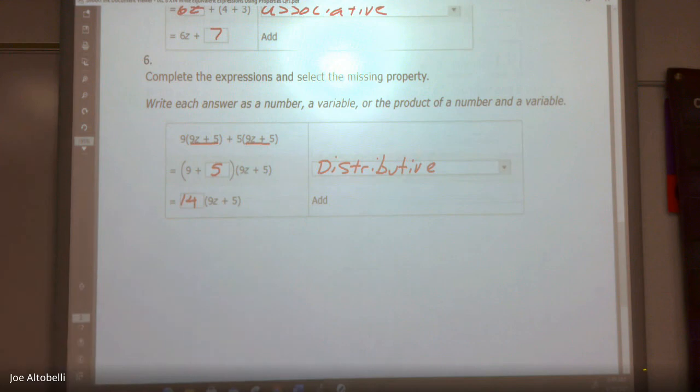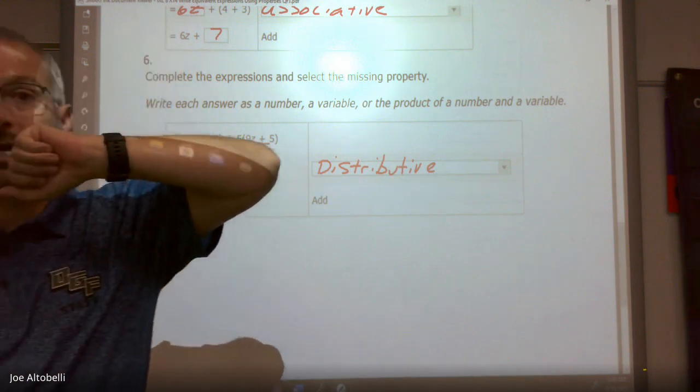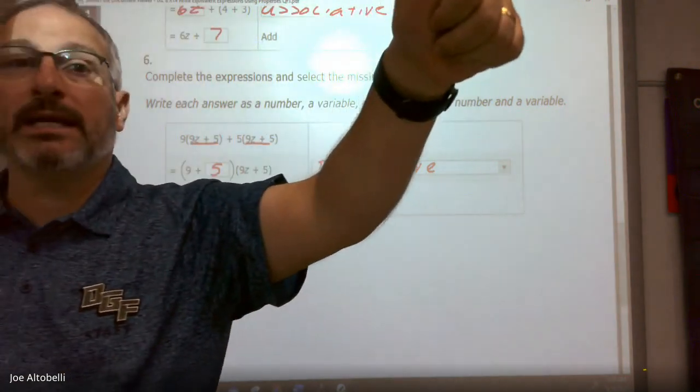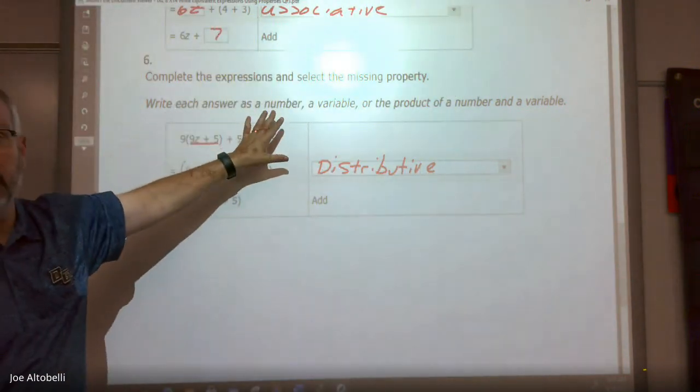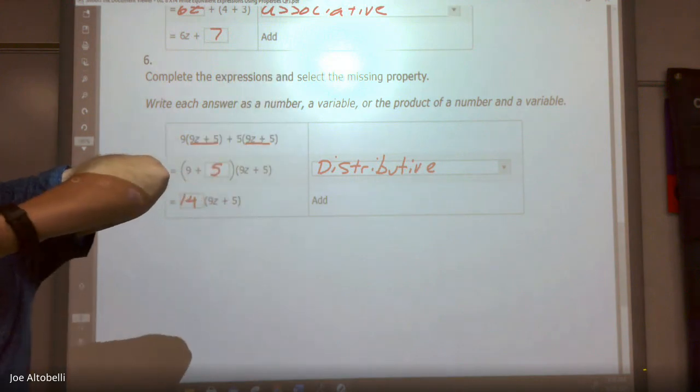All right, what I would do if I was you is I would finish X13. When you get done with X13, then I would go to this lesson, because then you're better at the distributive property as well.